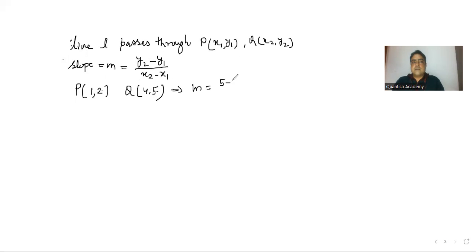So 5 minus 2 divided by x2 is 4, x1 is 1, so divided by 4 minus 1, it is 3 by 3, that is 1. So slope of this line is 1. So this is how you find the slope.